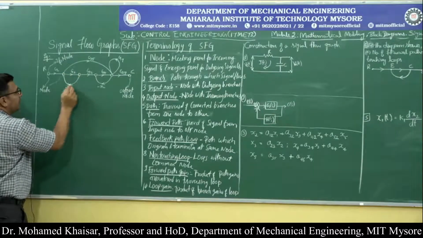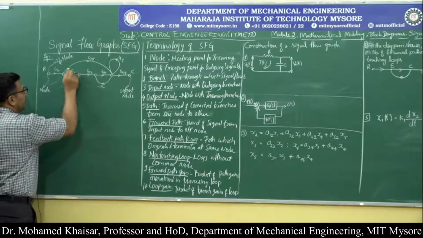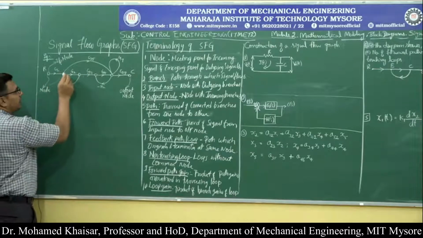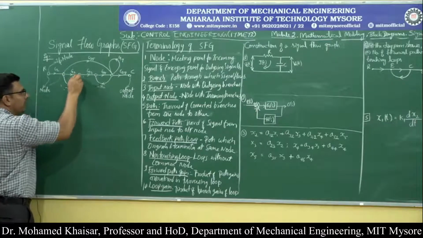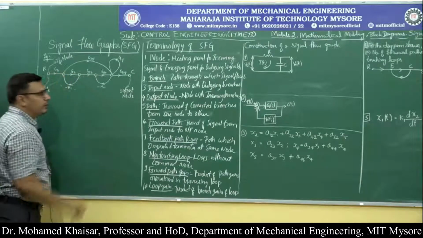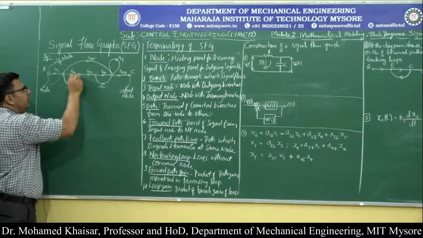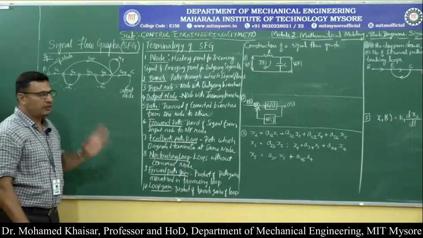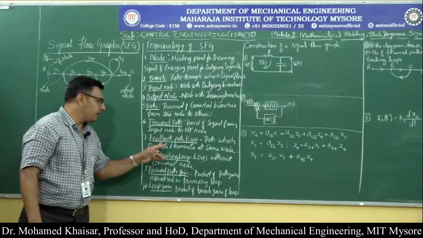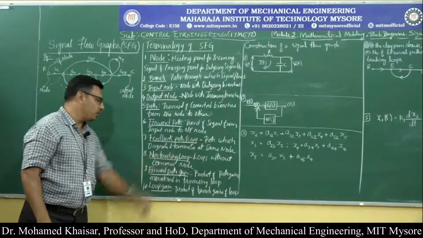For this part of the signal flow graph, the signal starts at this node, goes to the other node, then comes back to the same node. The signal is starting from this node and terminating at the same node. Such a path is called a feedback path, or also a loop.